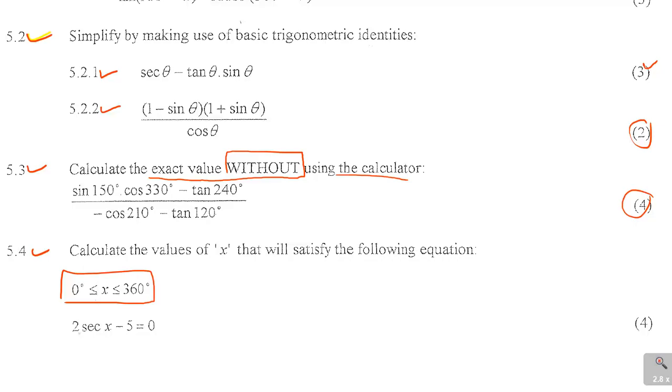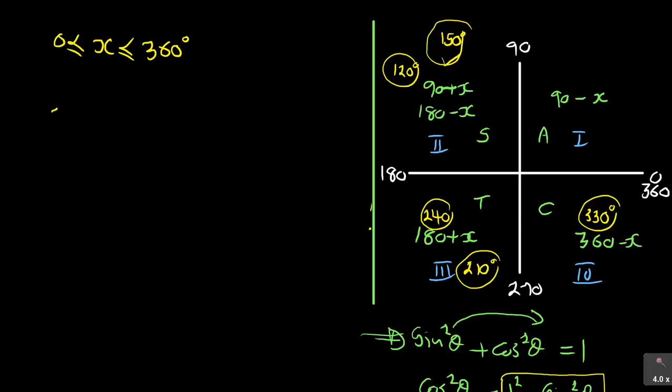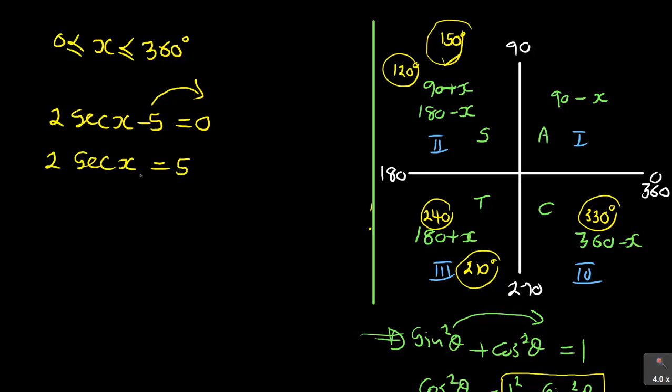So I'm supposed to solve 2 sec x minus 5 is equal to 0. So it's 2 sec x minus 5 is equal to 0. So first things first, take 5 to the other side. We have got 2 sec x is equal to 5.